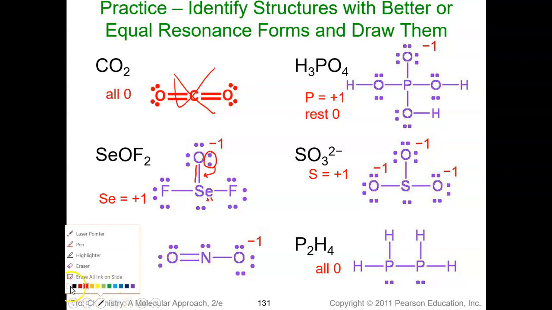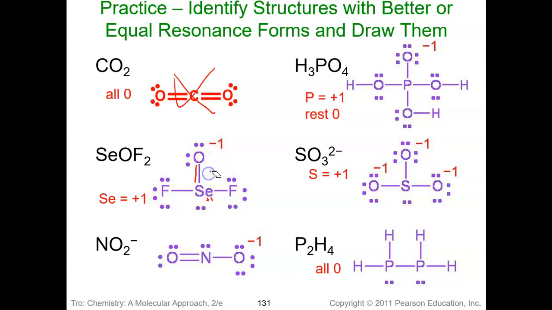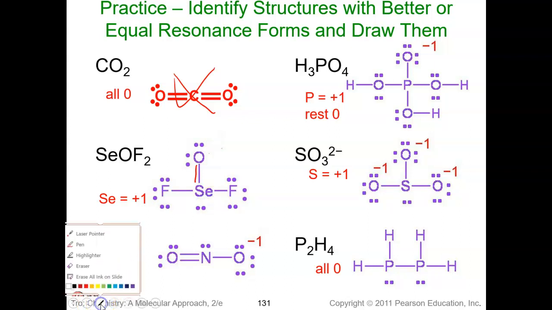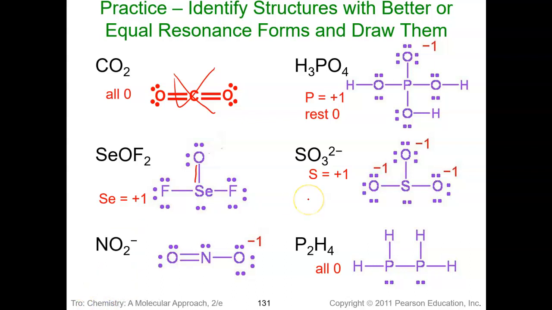Look, it's letting me change it with my mouse. We move that here. This is our other structure. And when we do that, let's look at our new formal charges. Oxygen here is 6 minus 4 minus 2, 0.